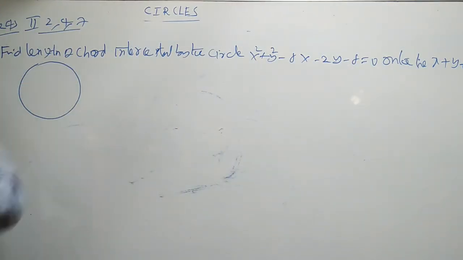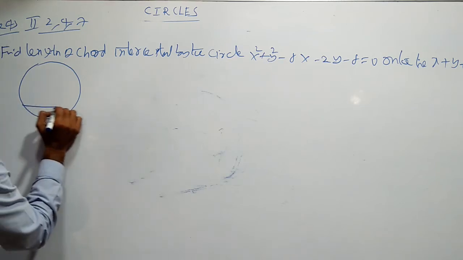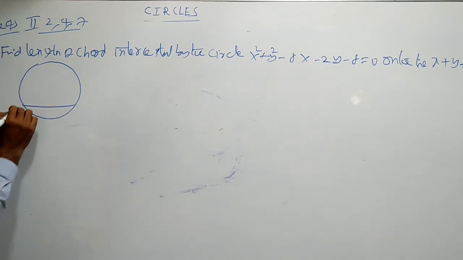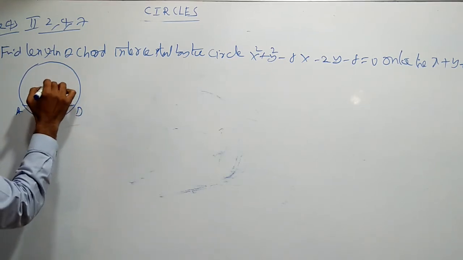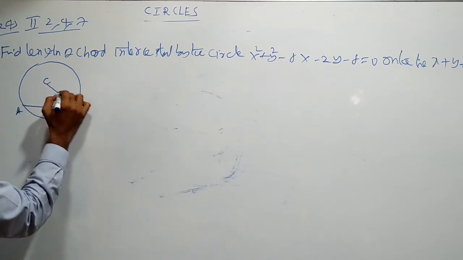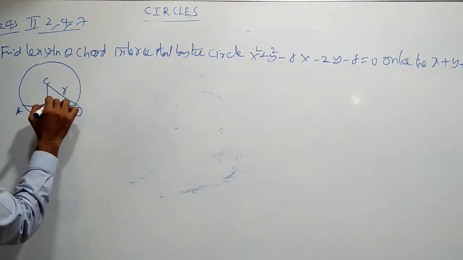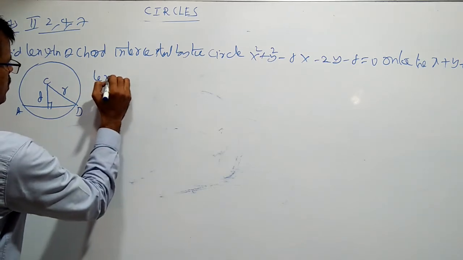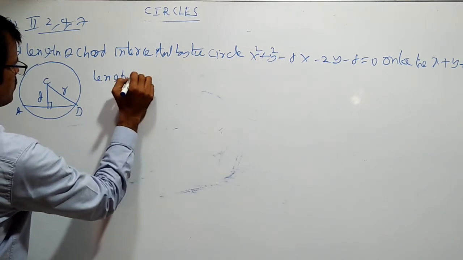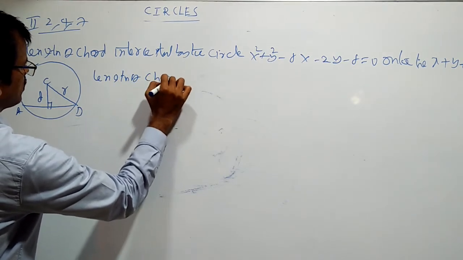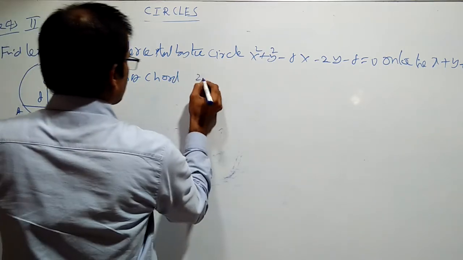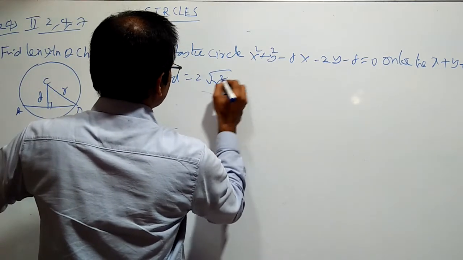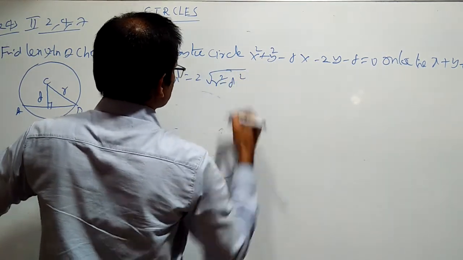Draw the diagram like this. This is A, B. Put the center C here. This is R, this is the perpendicular, this is D. First of all, you write the formula: length of chord is equal to 2 root r square minus d square.